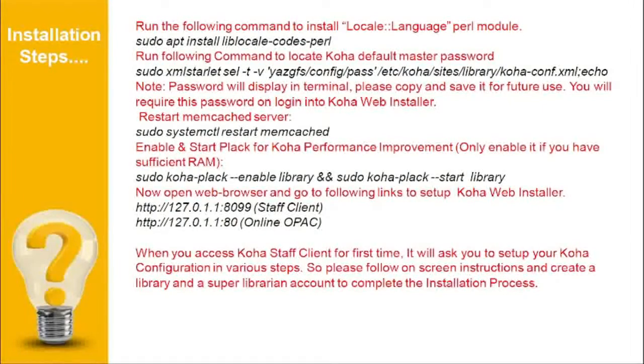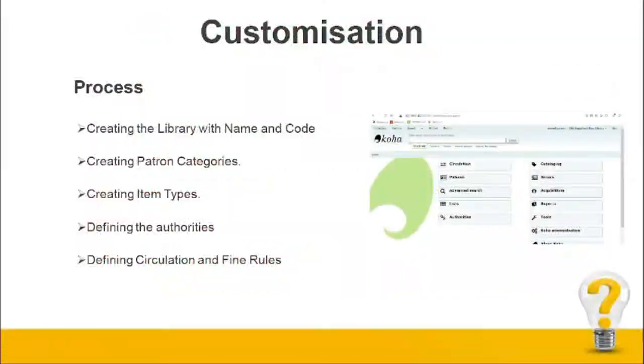And we have to customize our library, the pattern type, the item type, and the super librarian user ID with the installation process. After the customization, we will get the staff user interface that you can see in the picture with all the modules.